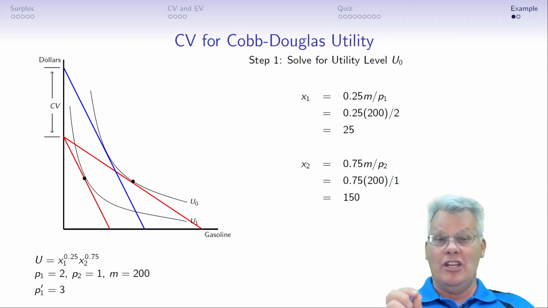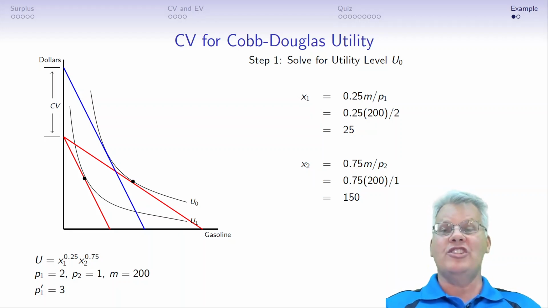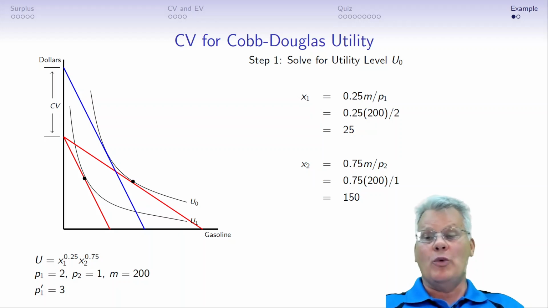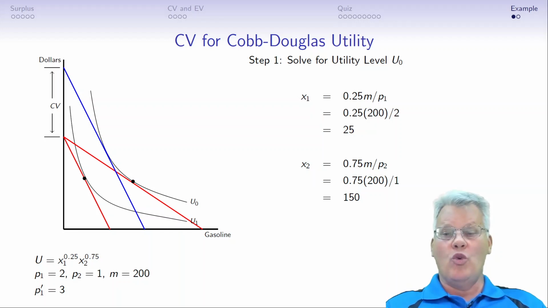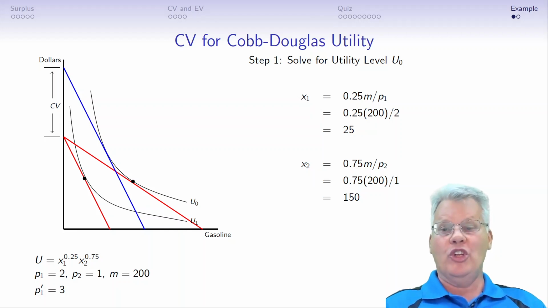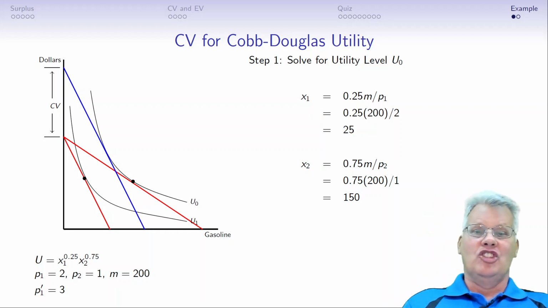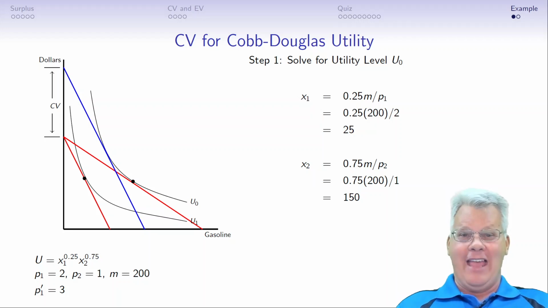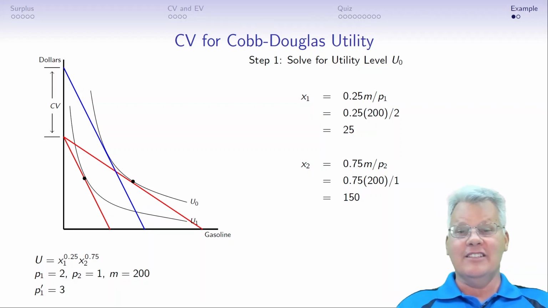Compensating variation computes how much additional income restores the original level of well-being. So we need to find the amount of income that would restore this consumer to a utility level of U sub 0. Okay. So the first part of that is figuring out what U sub 0 is.